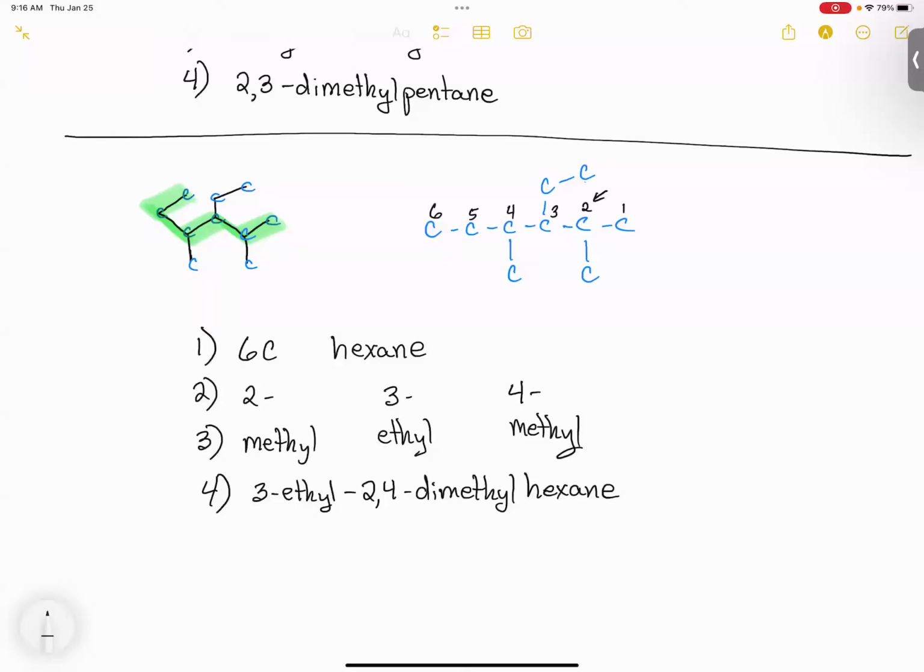So the numbers tell you where the constituent is located on the chain. Correct. So there's an ethyl located on number 3 on the chain. There is a methyl located on number 2 on the chain. And there's a methyl located on number 4.